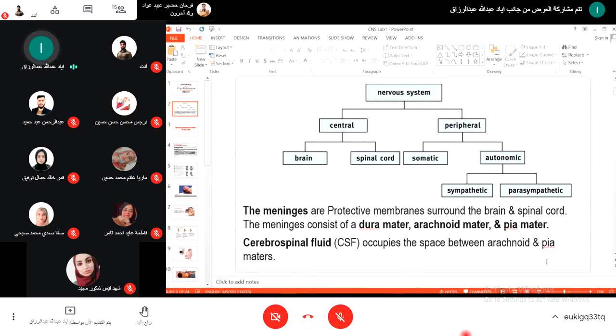The nervous system is composed of a central component and a peripheral component. This is the peripheral nervous system, which is composed of somatic nerves and the autonomic nervous system. The autonomic nervous system is composed of sympathetic and parasympathetic divisions.